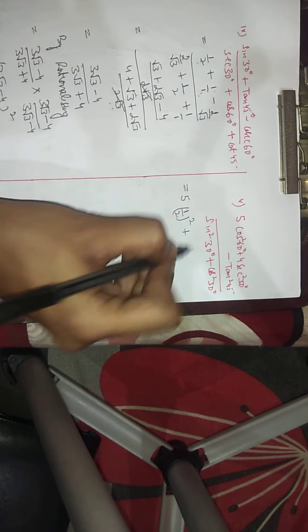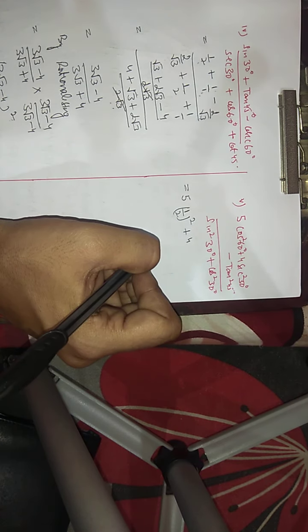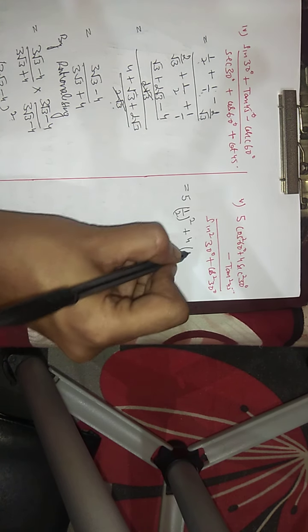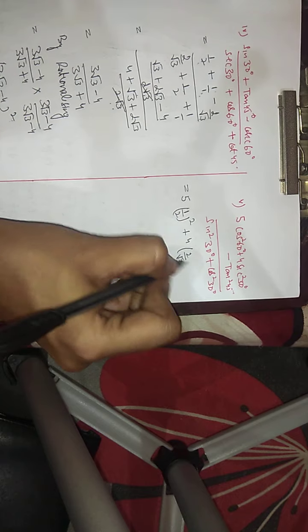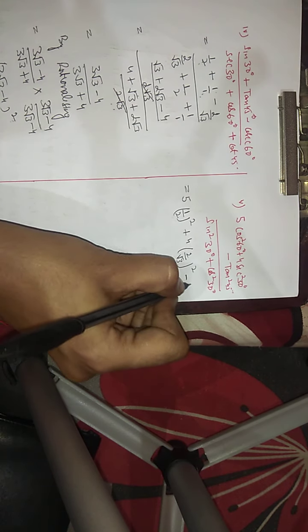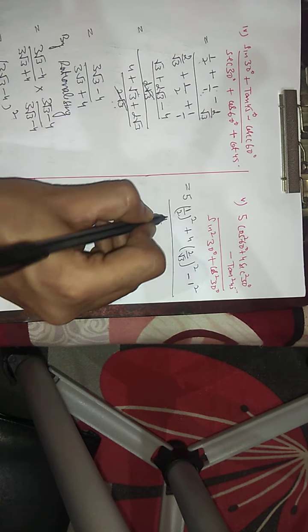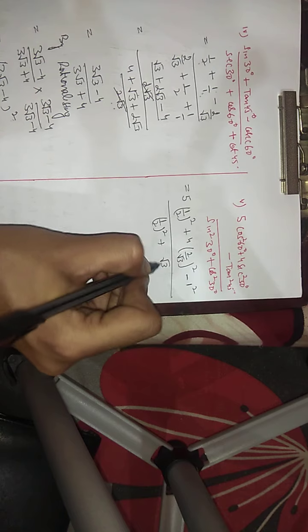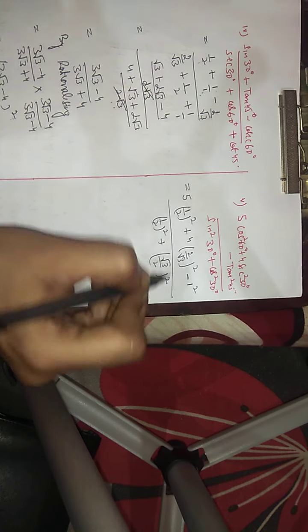Cos 60 is 1 by 2, whole square, plus 4 sec square 30. Cos 30 is root 3 by 2, and sec 30 is its reciprocal, that is 2 by root 3. Minus tan square 45, that is 1 square, upon sin square 30, that is 1 by 2 whole square, plus cos 30, that is root 3 by 2 whole square.